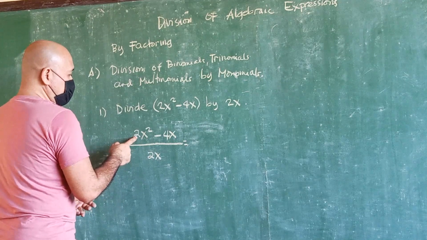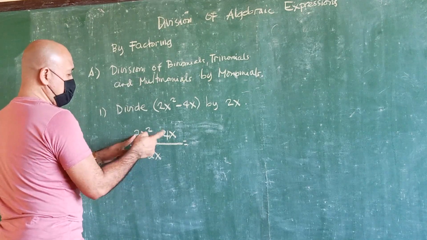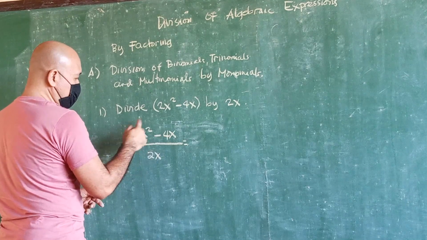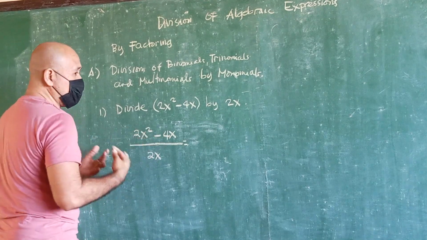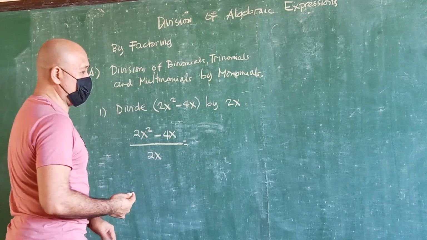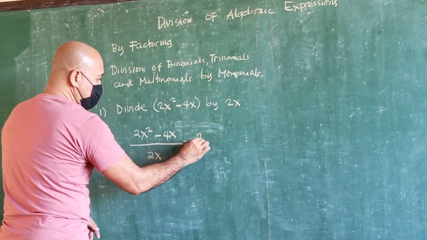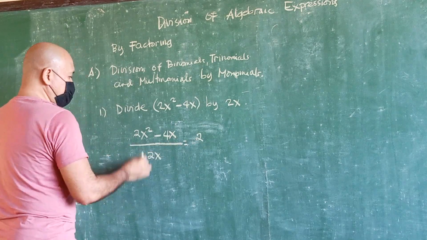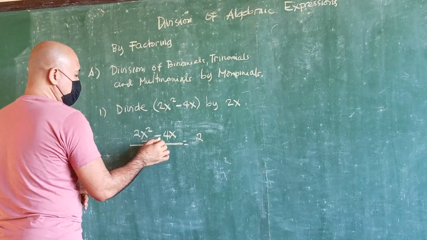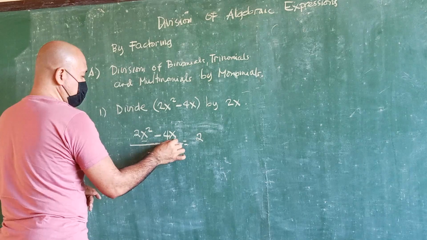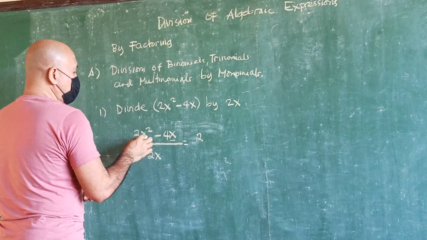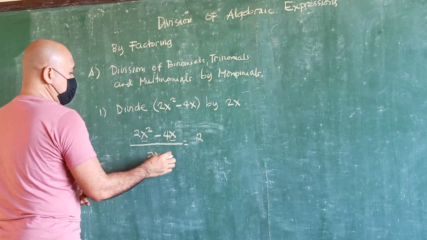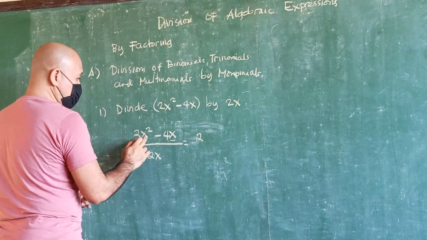For example, let's examine the first term and the second term. For the first term, you have 2 as coefficient, and second term, you have 4 as coefficient. So between 2 and 4, the greatest common factor is 2. And for the variable, there is also the same variable in the second term. Since x is also common in the second term, you need to factor out x also.